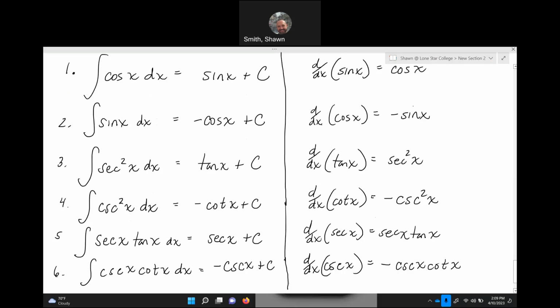So your antiderivatives of your trig functions are not necessarily always in the exact same format that you memorized for your derivatives of your trig functions. So there will be some bit of manipulation to get them into that format sometimes. For the most part, what you see right now is very little manipulation.